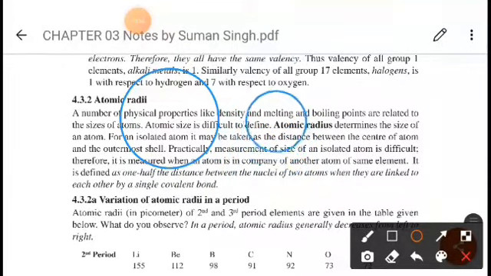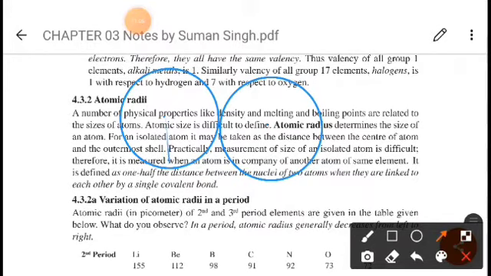Another one is just touching like this, just touching, not overlapping. Suppose this is the nucleus here. So what will be the metallic radius? The metallic radius will be the distance from the center.